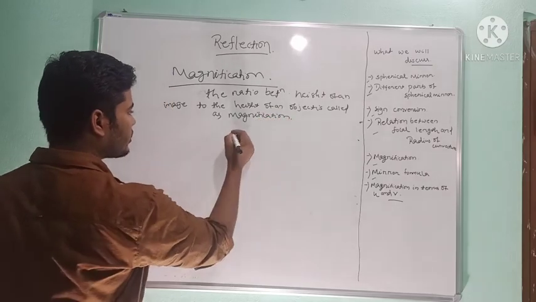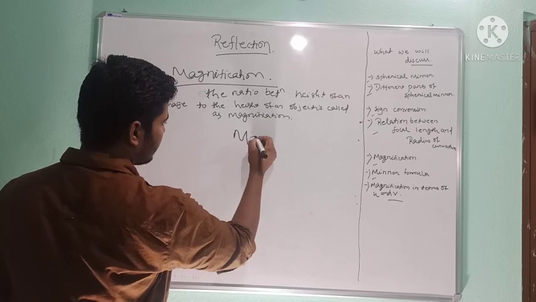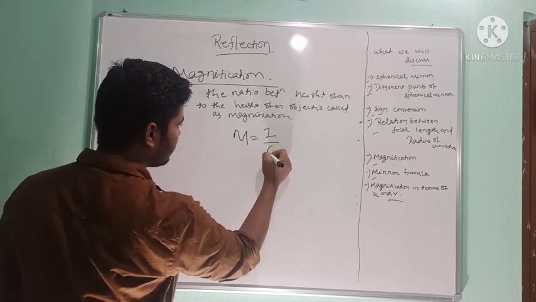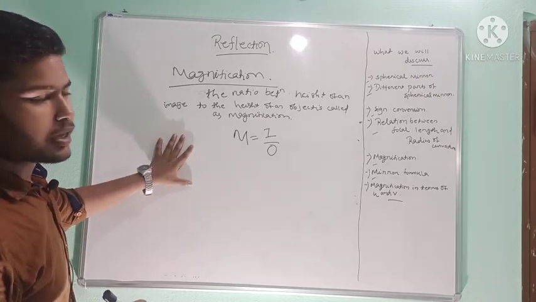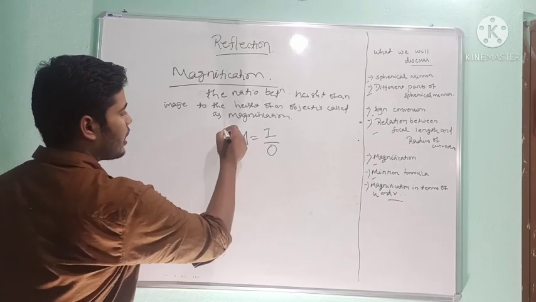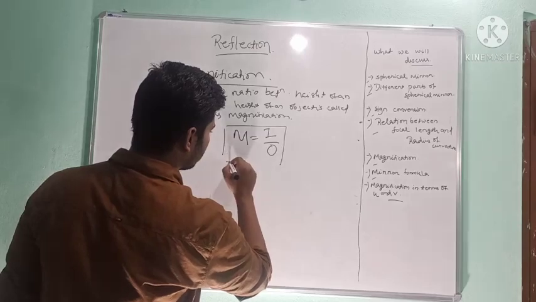So what is the magnification formula? M is equal to I by O. This is the magnification formula. M is equal to I by O.